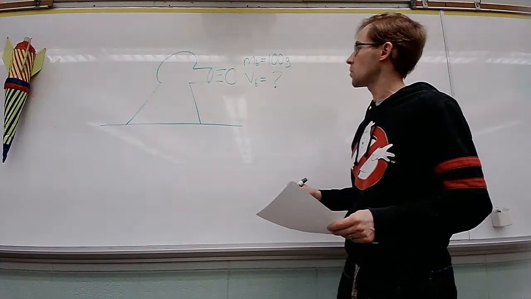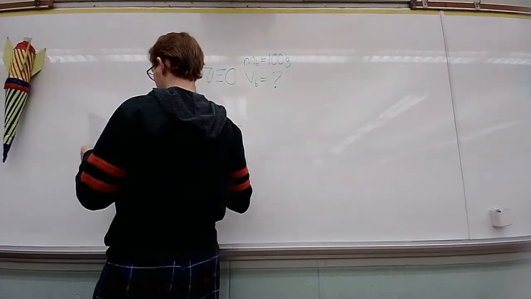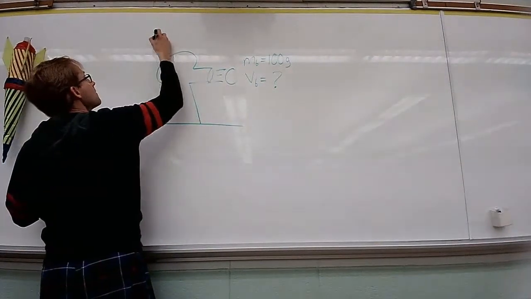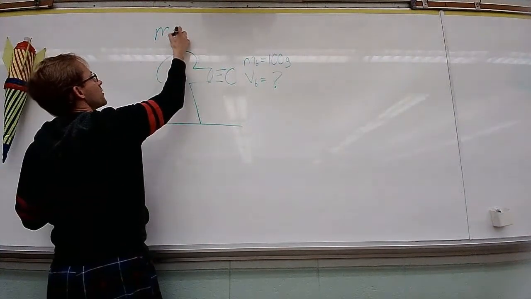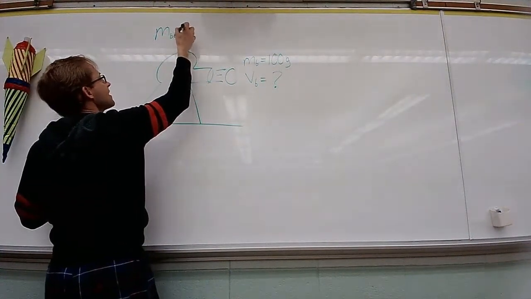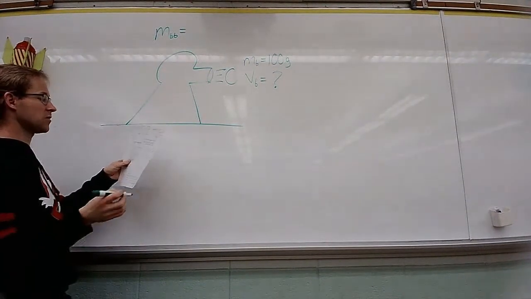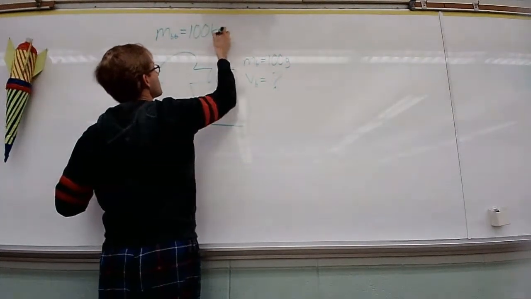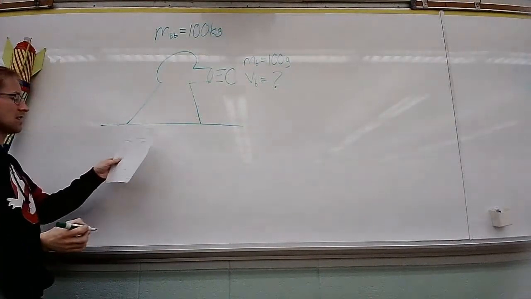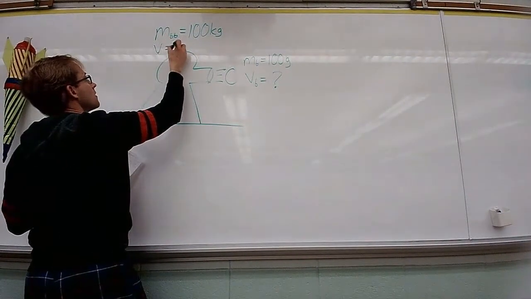So the other thing we know is some information about Big Bird here. I guess for Big Bird, we'll use double B's. So this is going to be equal to 100 kilograms. And then the velocity is going to be equal to negative 1.